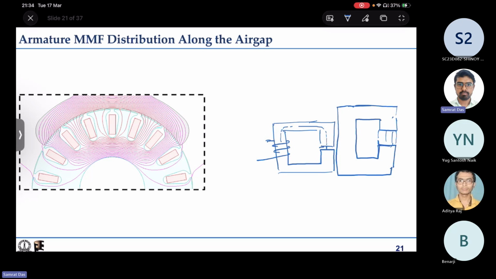Other cases it is not valid. We have to do some approximations if we want to come up with some analytical expressions, but straightforward reluctance calculation is not possible.